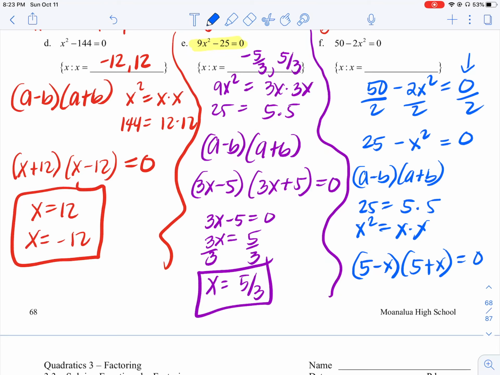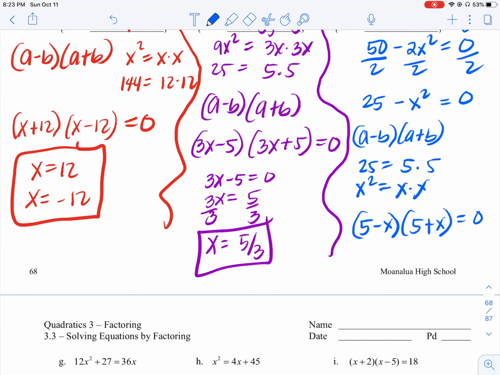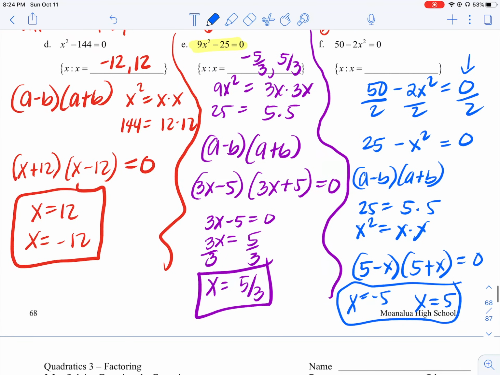But that doesn't matter because you could also do it as x plus 5 and x minus 5 and you're going to get the same answer. So if we do 5 minus x equals 0 and 5 plus x equals 0, we're still going to get the same answer. So our x is equal to negative 5, and then the other one is x is equal to positive 5. So our answer here is negative 5 and positive 5.